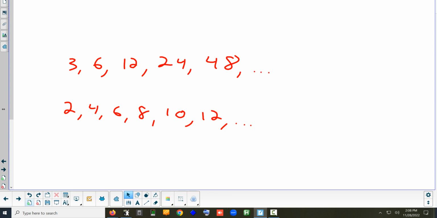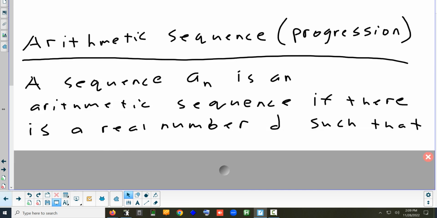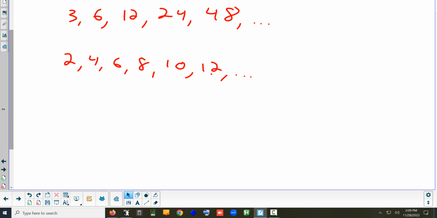What's the pattern in the top one? Multiplied by 2. That is not called an arithmetic sequence. That's different. What's the pattern in the bottom? Add 2. That is an arithmetic sequence. So an arithmetic sequence is when you can look at a number, look at the one before it, and subtract them, and you get the same answer over and over.